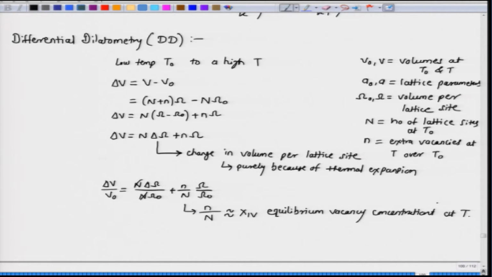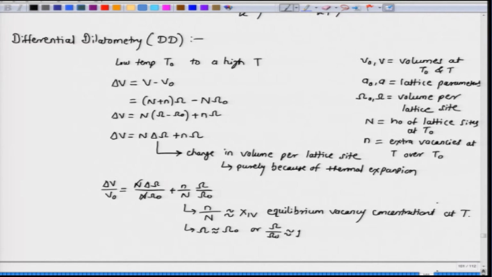So, the change in vacancy concentration is approximately equal to the new vacancy concentration established at temperature T, and so we can approximately take this equal to x 1 v, and also the change in volume per lattice site is also not significant. So, omega is approximately equal to omega 0, or omega over omega 0 is approximately equal to 1.